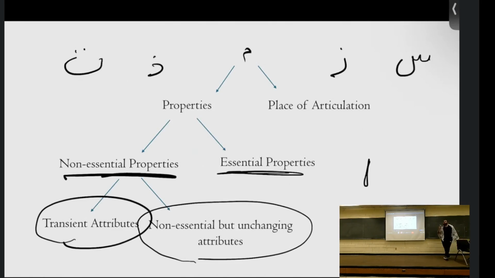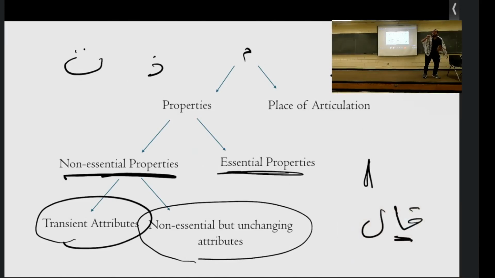When we say qala, that's just alif. It's not part of the alif to say qal. It's actually some specific situation that made me elongate the alif this long. So transient properties is everything else you learned about tajweed.